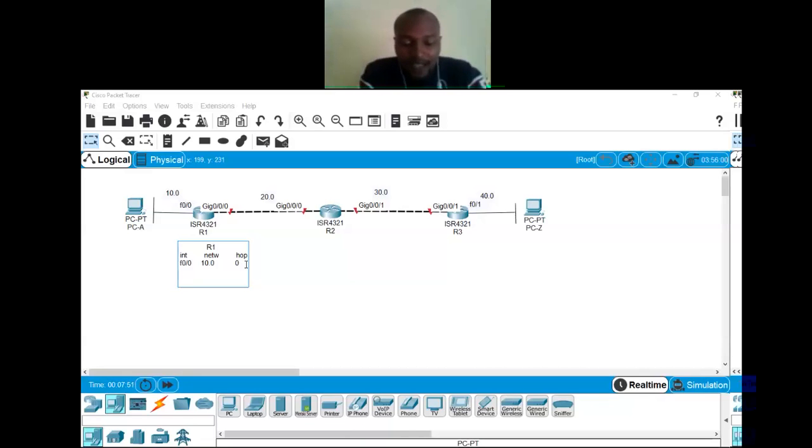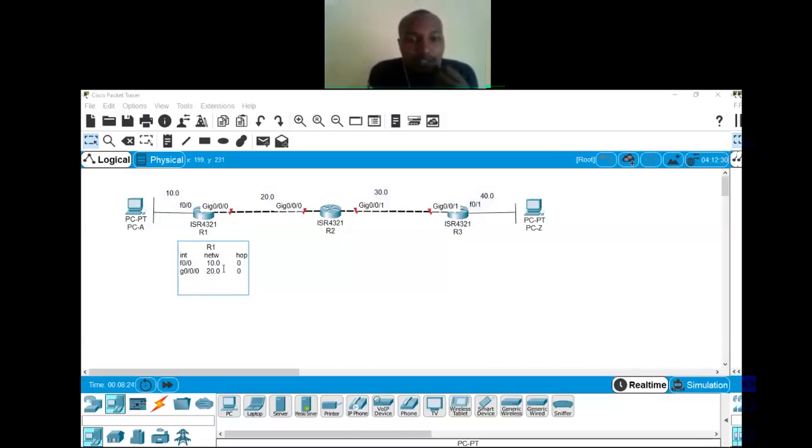So the other network it will add is F01 of 20.0, and then the hop count it writes is 0. Why? Again, this is an interface on the router, so it's favored because it's directly connected to the router, so the hop count becomes 0.